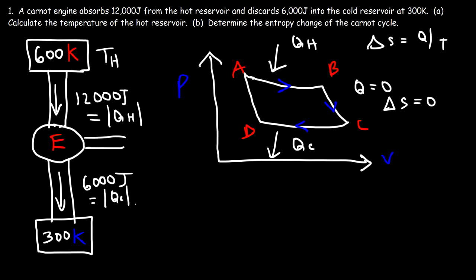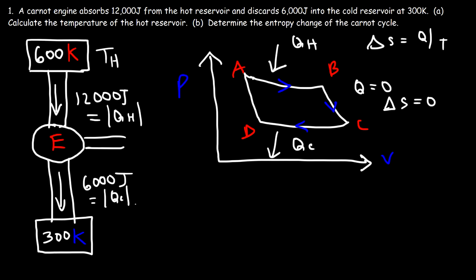Now QC itself is negative 6,000 because heat is flowing out of the system. QH is positive 12,000 because heat is flowing into the system. So QH, which causes heat to flow into the system, will increase the entropy of the system. But as heat flows out of the system, that will decrease the entropy of the system.